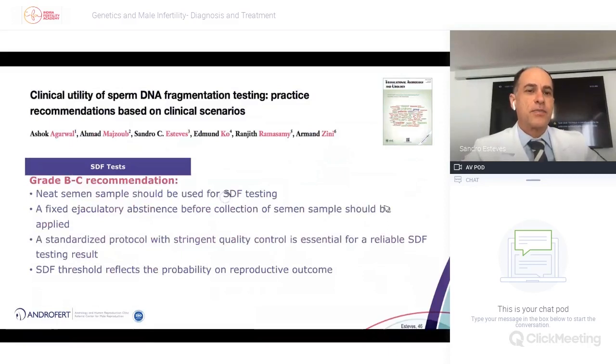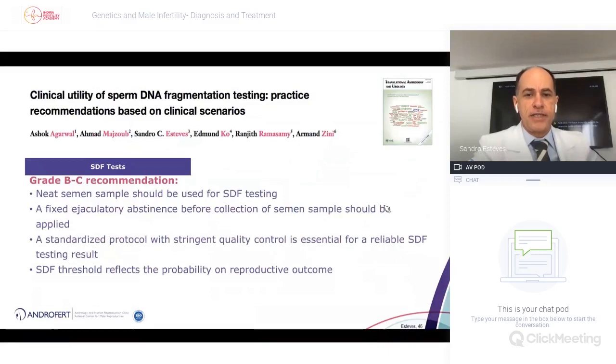In terms of what kind of specimen should be used for sperm DNA fragmentation testing, processed or neat semen? According to the predictive ability of specimens related to pregnancy outcome, it's important to use the neat semen sample, which will provide an overview of the sperm quality in terms of the genetic content.